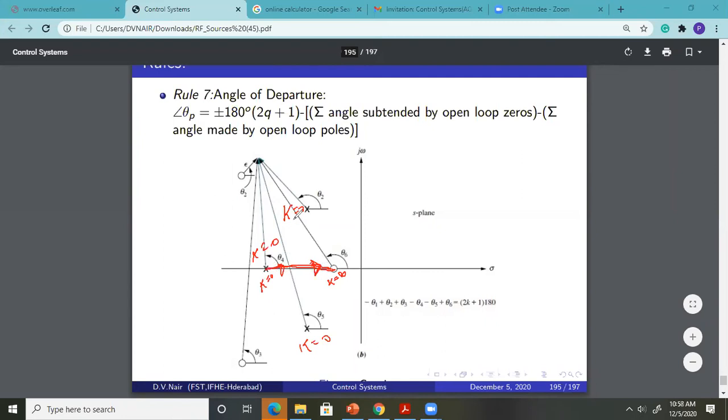So naturally, there will be 2 asymptotes here? How many asymptotes will be here? 2, which will be guiding n minus m branches, which are 2, to move towards infinity. All those things we know. Now comes the question how to find at what angle this branch will depart the point.